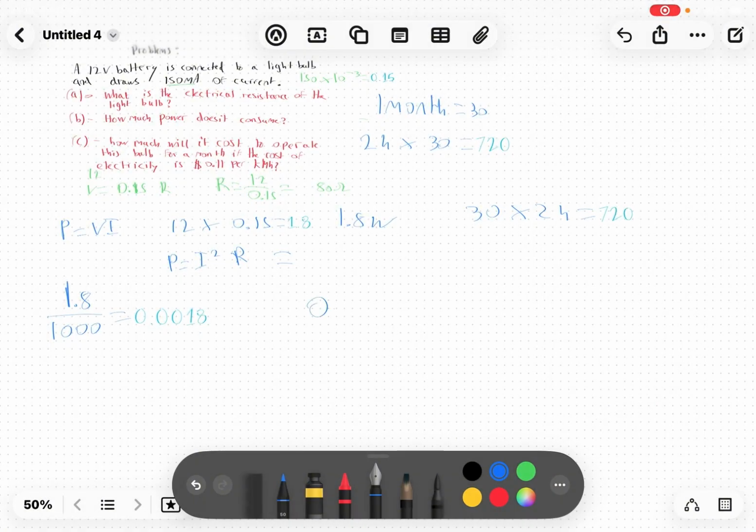Then we multiply that by the hours and then by 0.11. So it will just cost $0.14, because over here we're in dollars, even though I'm in England.